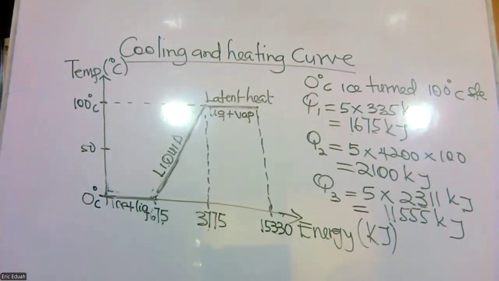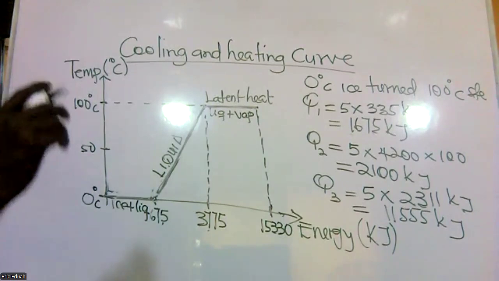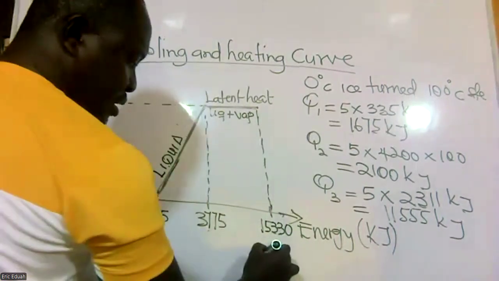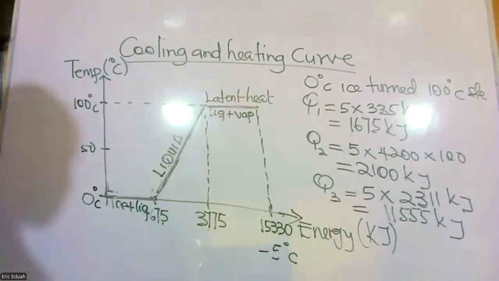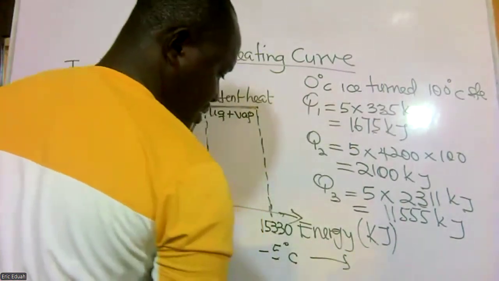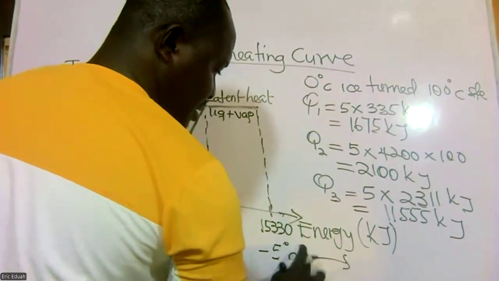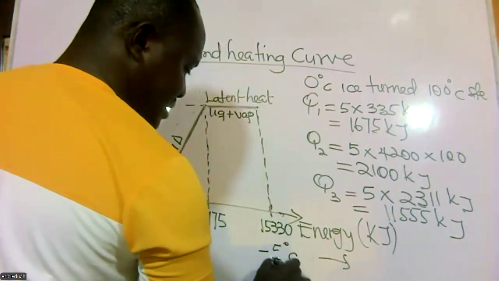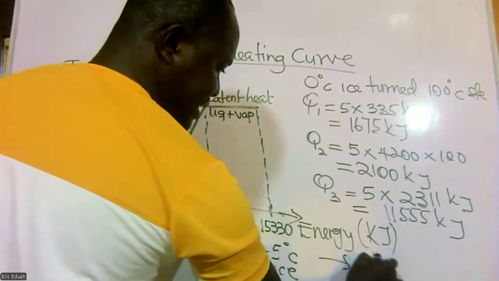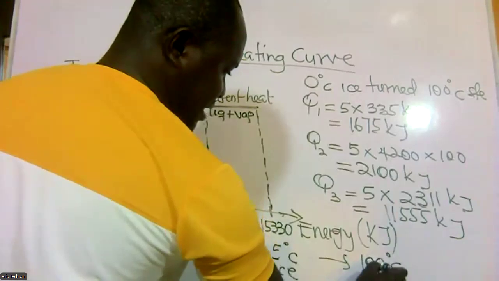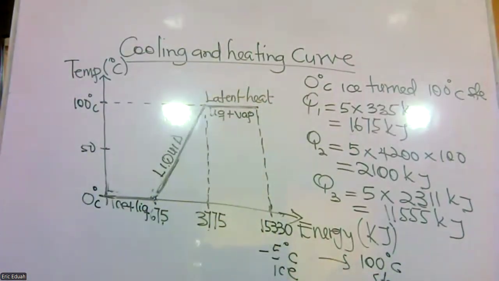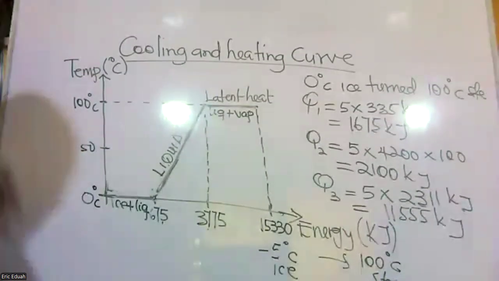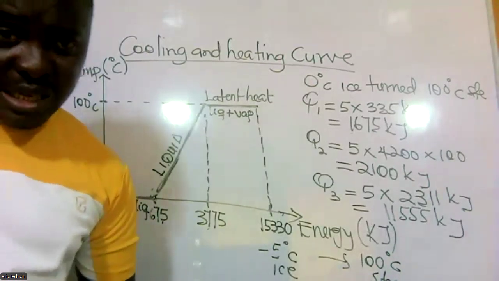Now, I want you to include, you see, I gave you from -5 degrees Celsius ice to 100 degrees Celsius steam. Plot the heating curve for me. Use this as a guide and then plot the heating curve.